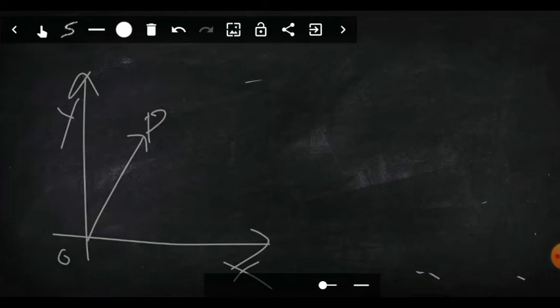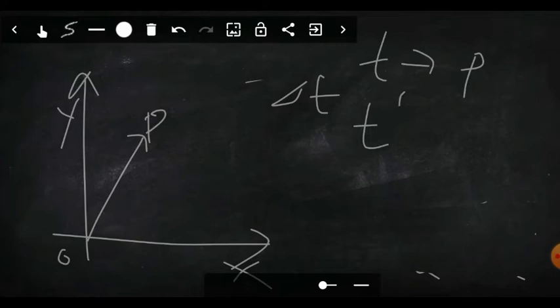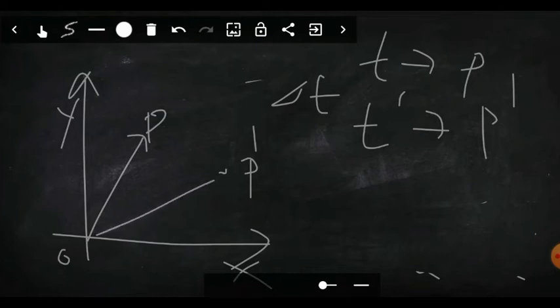After a small interval of time delta t, at time t dash, its position changes to another point, P dash. To represent this position, we use the vector OP dash, the vector after a small interval of time delta t.